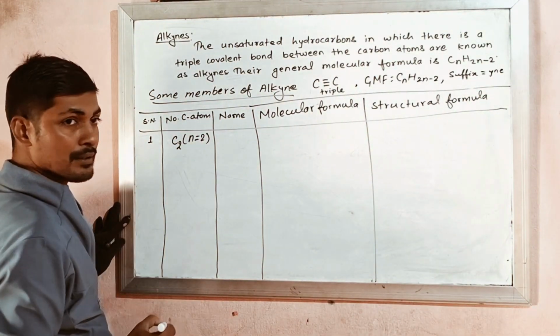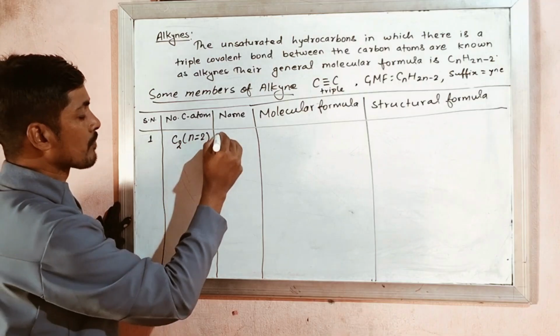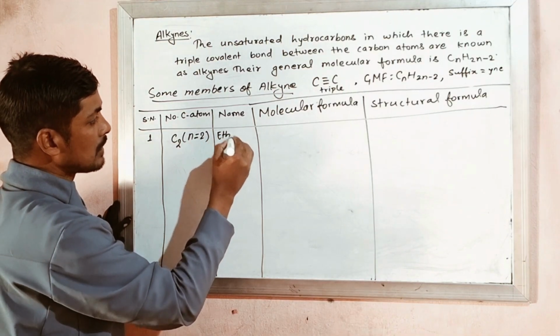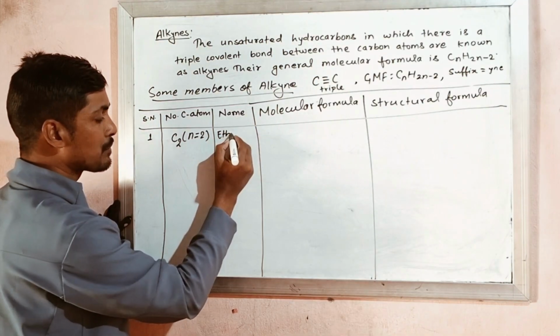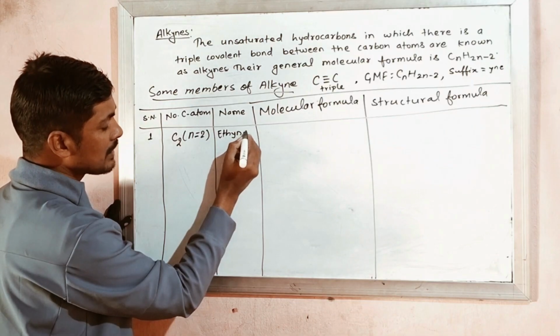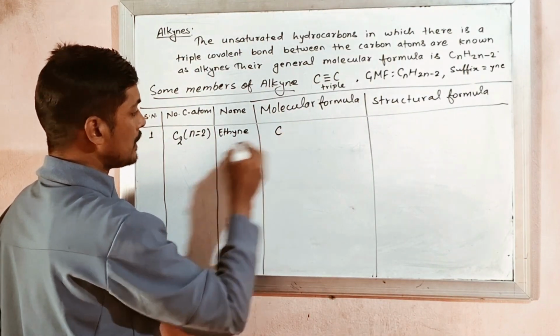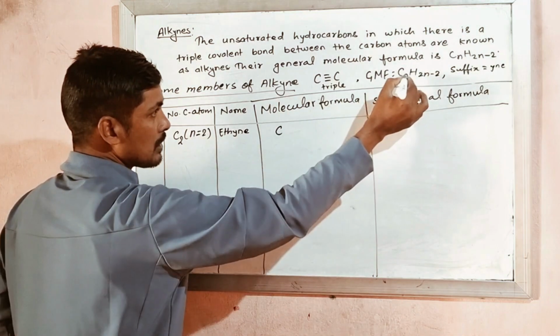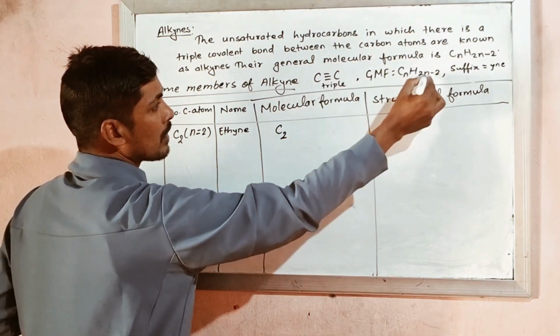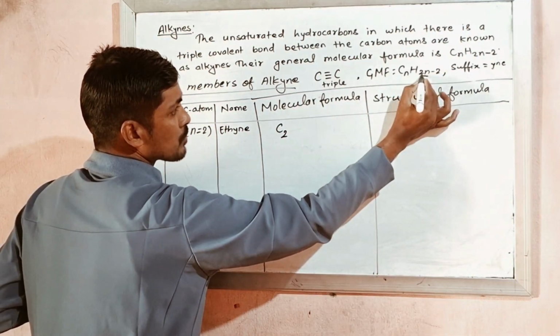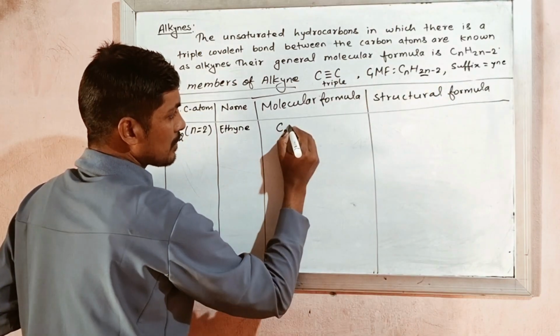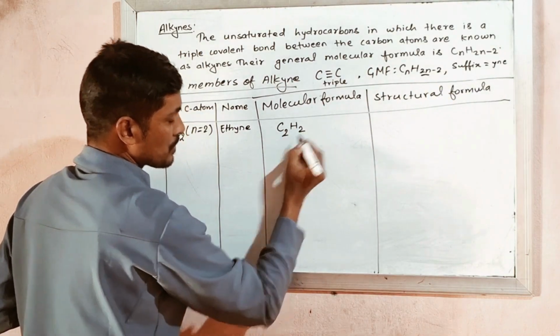Since there are 2 carbon, what will be the name? Eth, and it is alkyne, so we use the suffix yne: ethyne. What will be its molecular formula? Here n is equal to 2. C2, then 2 into 2, 4 minus 2, it is H2.